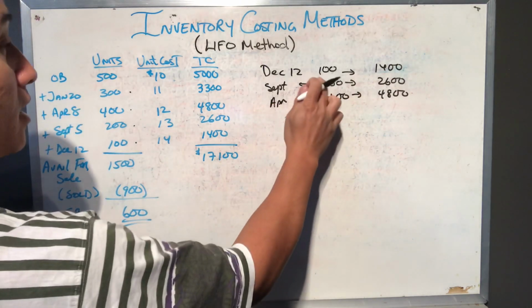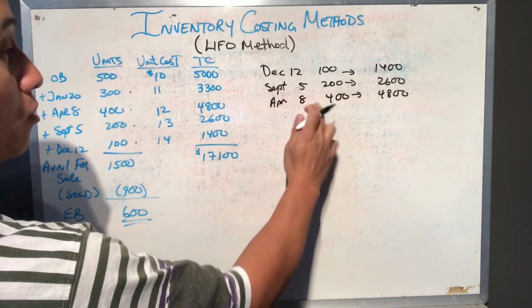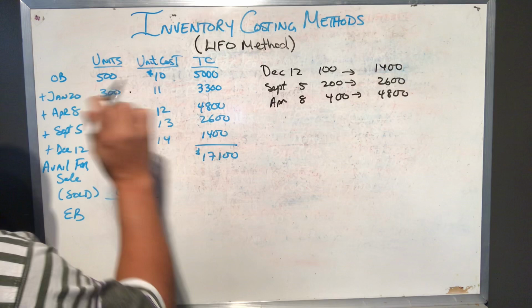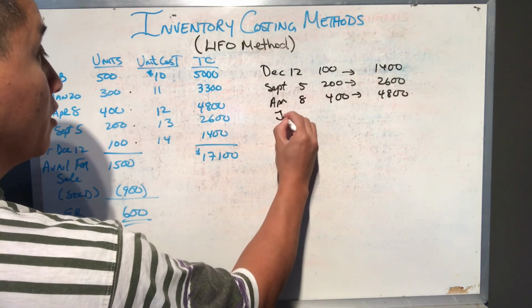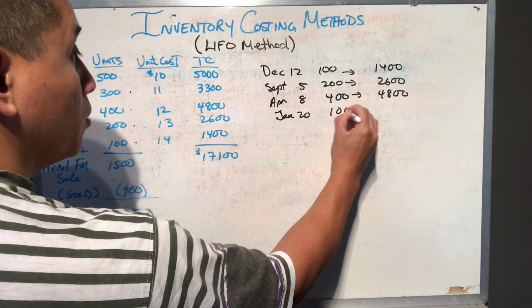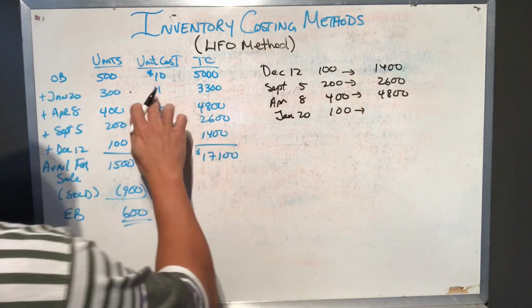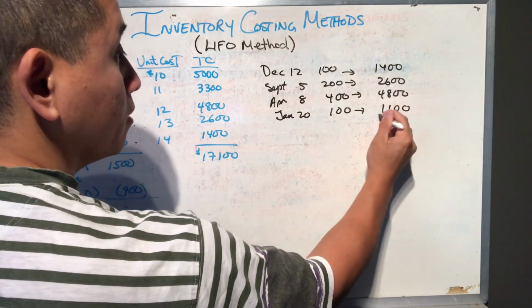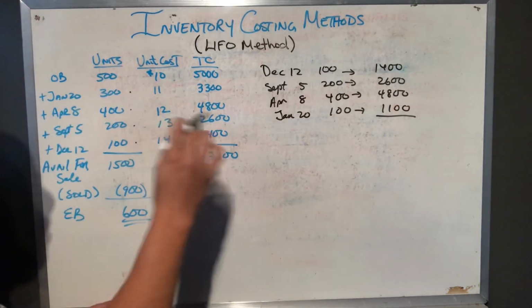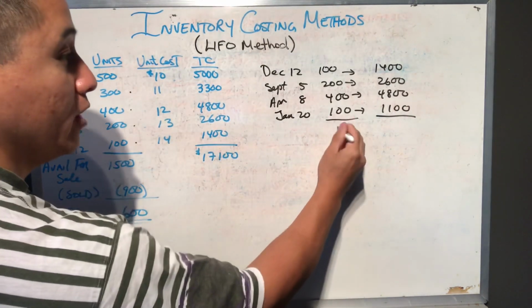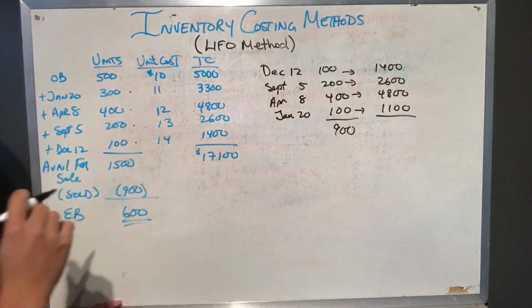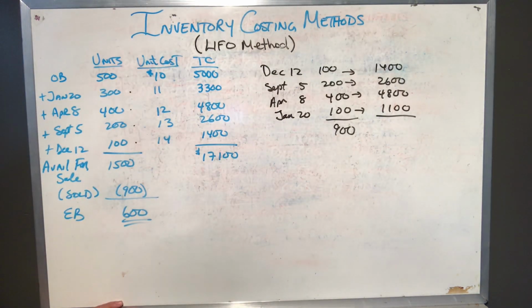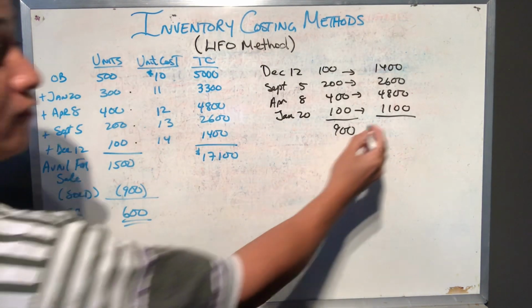And remember, that's 700 units already. So we sold only 100 units on January 20th, at $11 per unit. So that's $1,100. Therefore, if that's what we sold in total, 900 units, our cost of goods sold in this case would be $9,500.